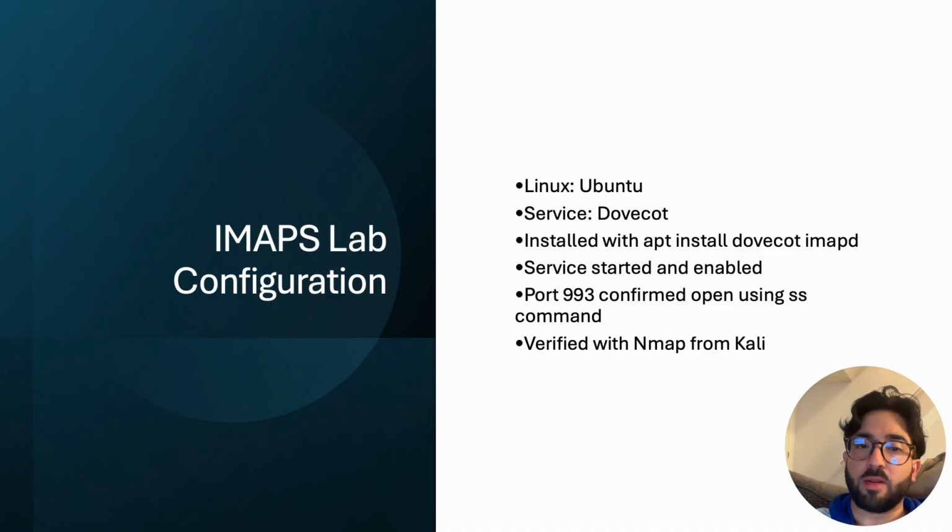This completed everything needed for the IMAP part of this lab. No mail sending or receiving was required, so just having port 993 open and detected by Nmap was enough to meet this goal.